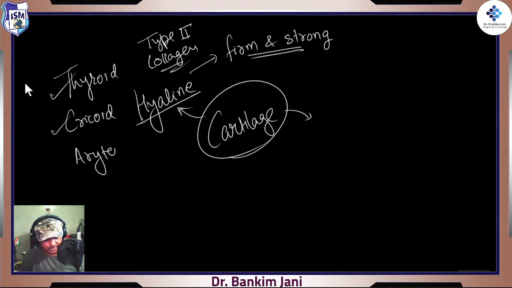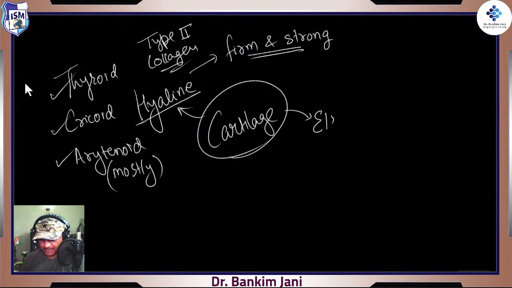But the moment we wrote arytenoid, one portion of the arytenoid started jumping: no, I am not part of hyaline, I am not that firm and fixed, I am mobile. Because one part of the arytenoid is telling that it is mobile, the second group must be elastic. Their characteristic is flexibility. And whom would we like to add first?